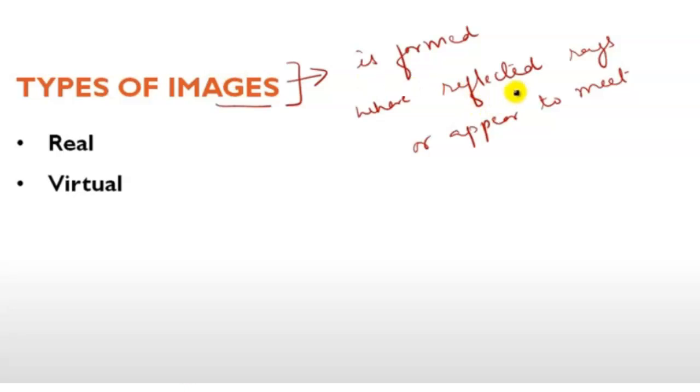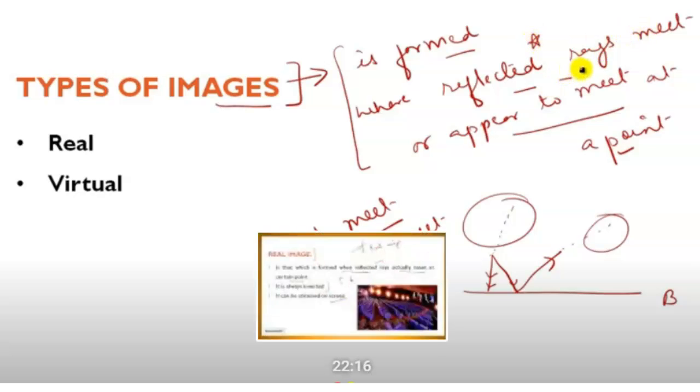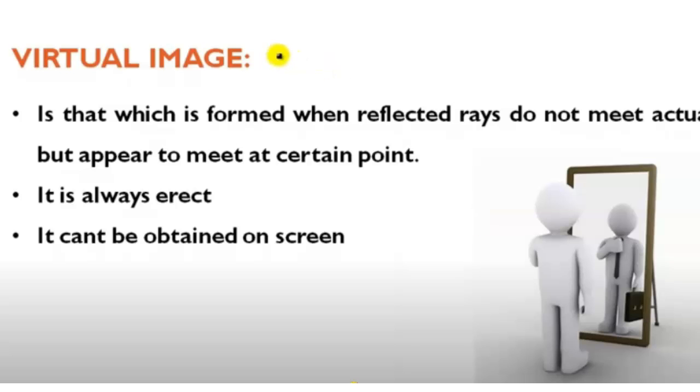So we have two types of images: real image and virtual image. When rays actually meet, a real image is formed, whereas when rays appear to meet, a virtual image is formed.